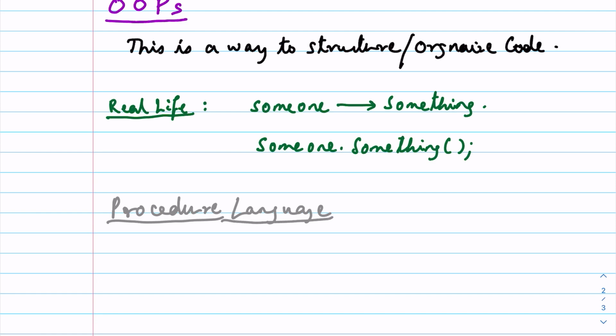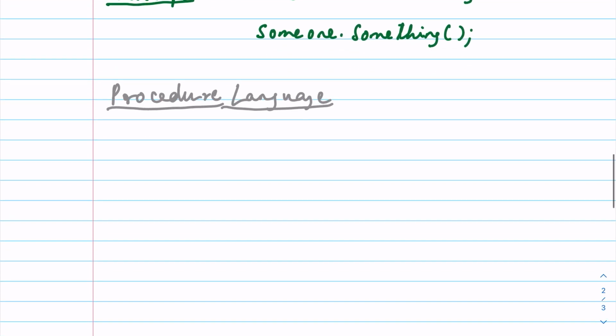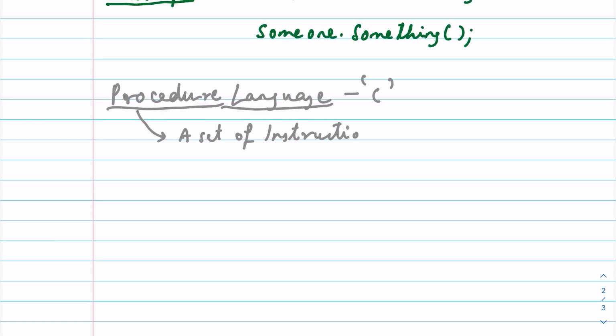An example of such a language is C. In this language, a procedure meant a set of instructions, and this procedure looked something like functions or methods in today's modern languages.